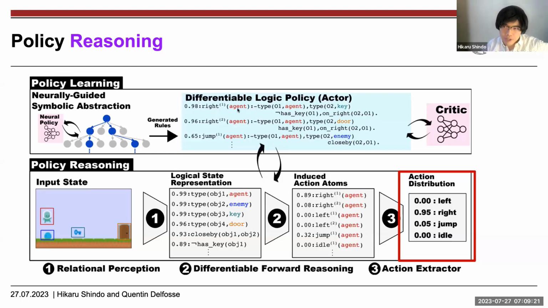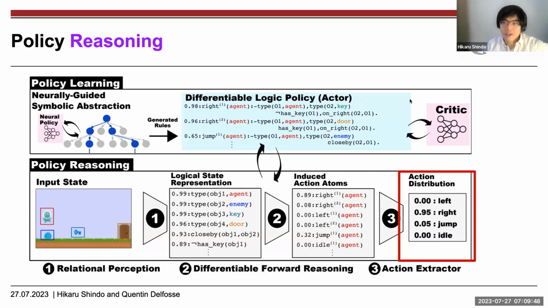And by doing so, as we have shown in experiments, this leads to a clearer explanation of the reason for the action to be taken. Why did you take right? We can ask the agent, and the agent can clearly explain the reason: because we don't have a key, and the key is to the right of me, and that's why we should take right, for example.